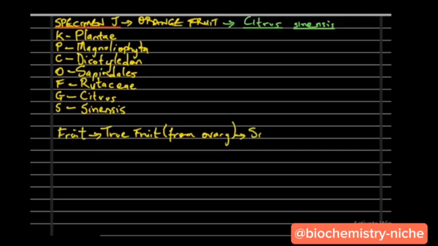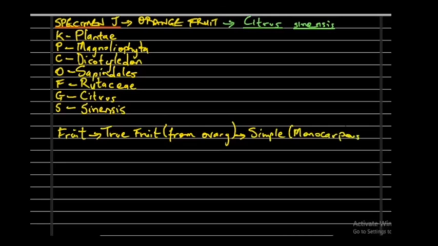It is simple because it has a monocarpous flower. Simple monocarpous flower, and then it is succulent, and then Hesperidium.